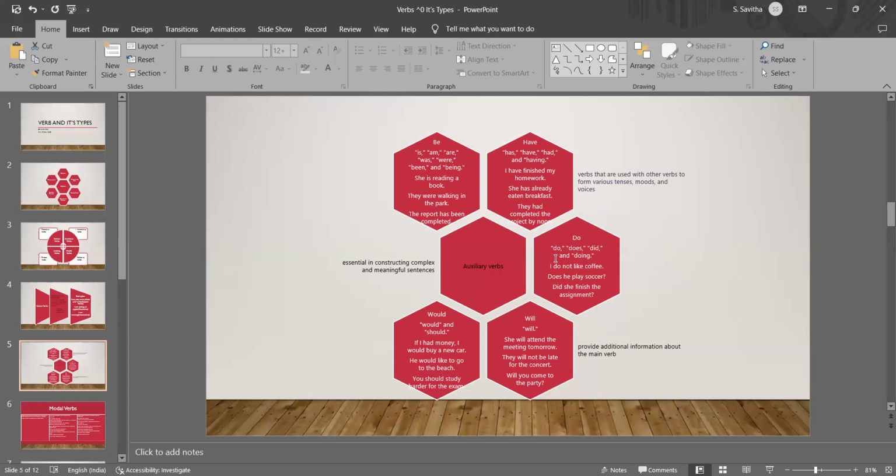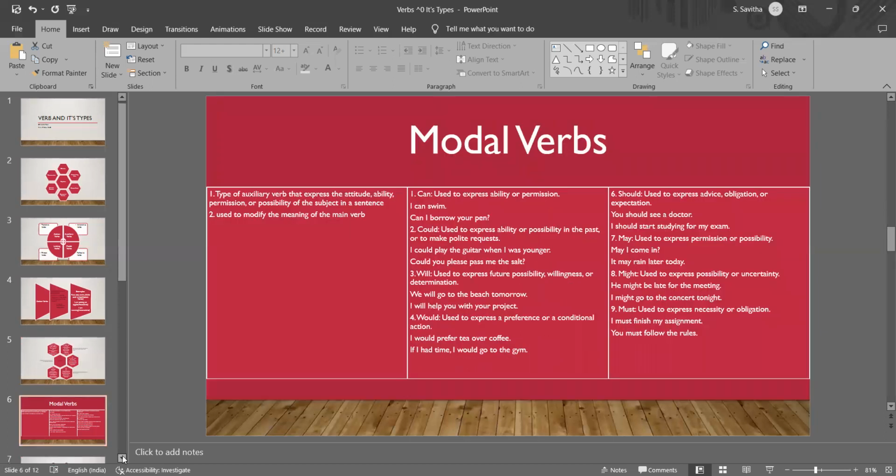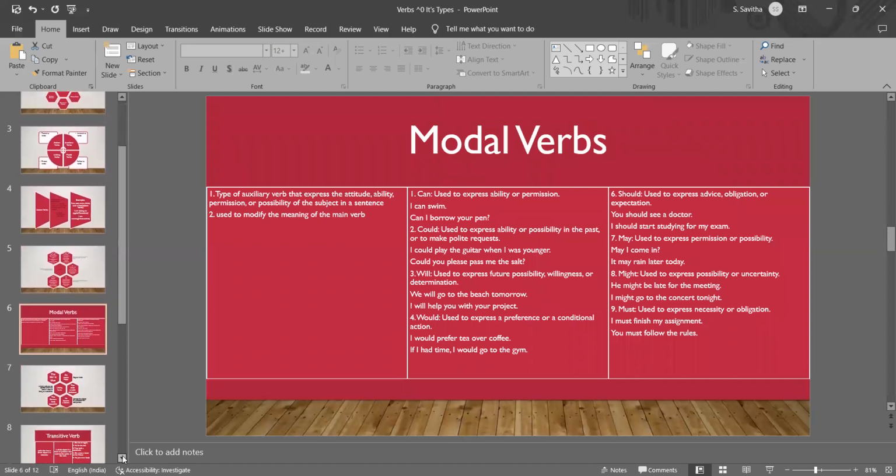So, auxiliary verbs are very essential to construct complex and meaningful sentences, because understanding their usage and function is very important for effective communication in English. The next is the modal verbs.